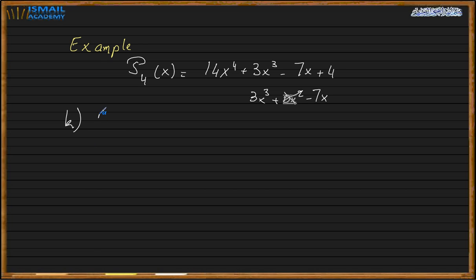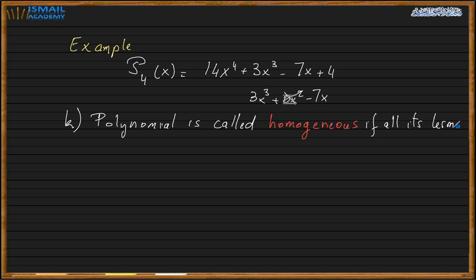So a polynomial is called homogeneous if all its terms have the same degree.